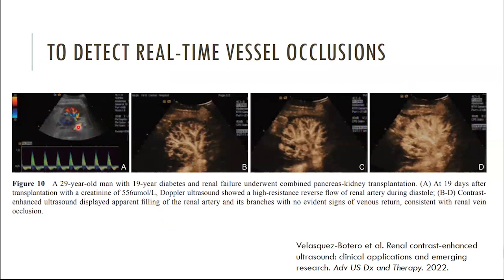It looks like good blood flow going into the kidney and leaving the kidney. But here with contrast ultrasound, you can see there's good blood flow in B and C in the arterial phases, but when it should have been draining, it's blocked. It's not draining as it should. And they found this was consistent with a renal vein occlusion.